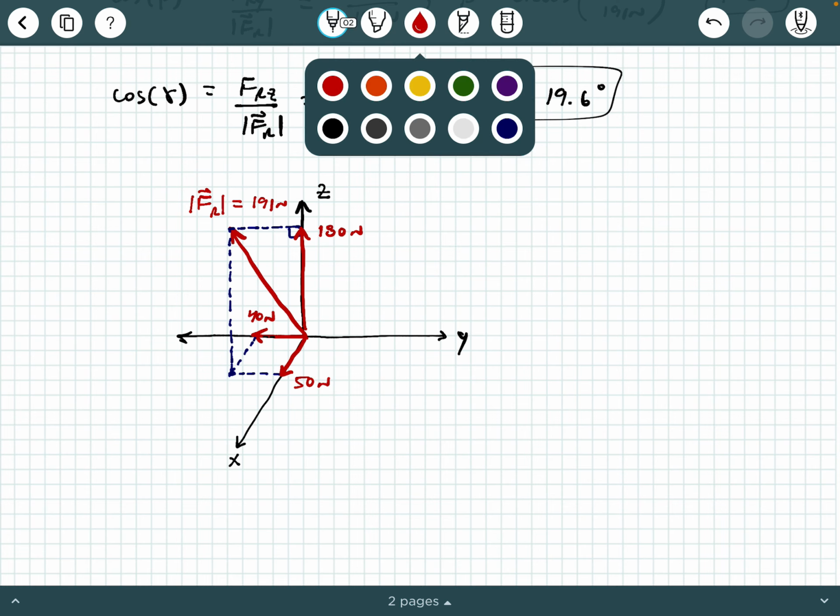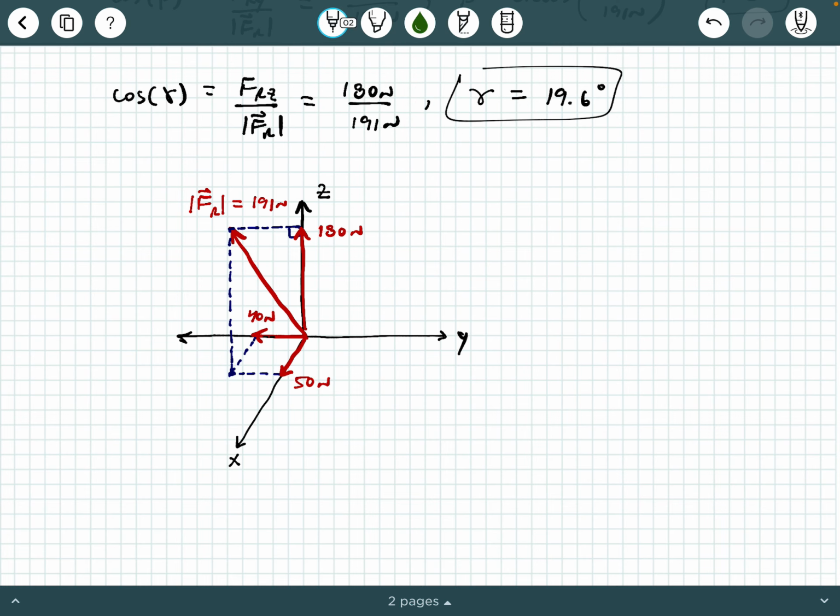What about my coordinate direction angles? Well, alpha is measured from where to where? Alpha is always measured from the positive x-axis to the vector itself. So this right here is alpha. And then what about beta? Beta is always measured from the positive y-axis all the way over to the vector itself.